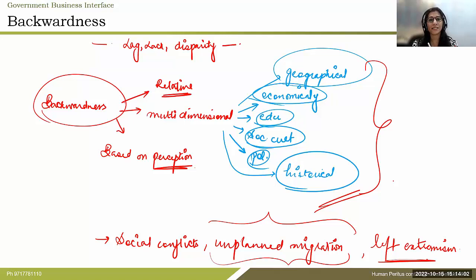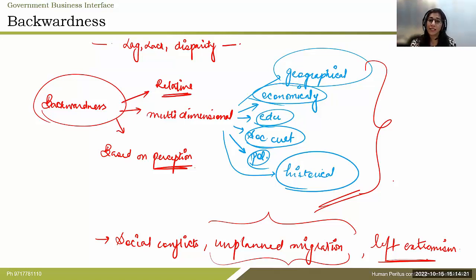So what happens is, first of all, the government sets up some criteria, or considers some factors, on which it decides that one particular area is lagging behind, and on which particular parts the government has to work. All right.